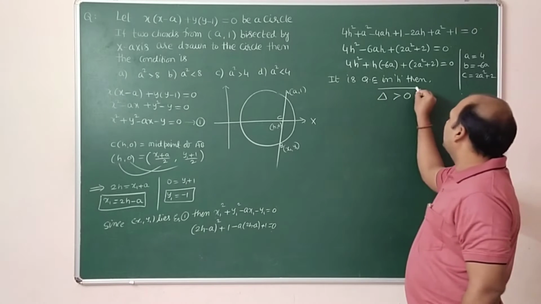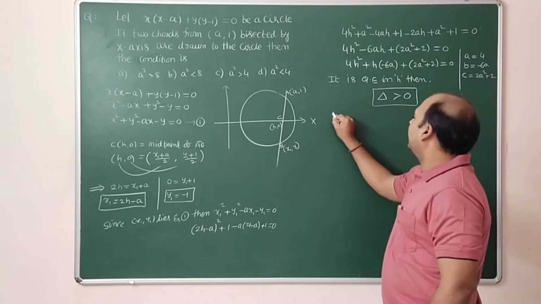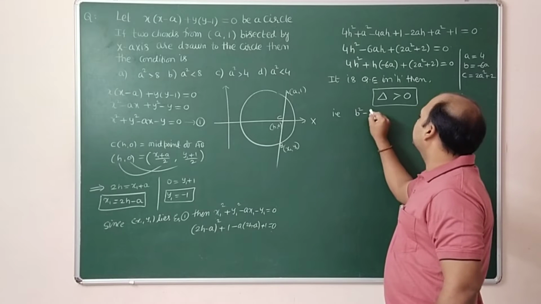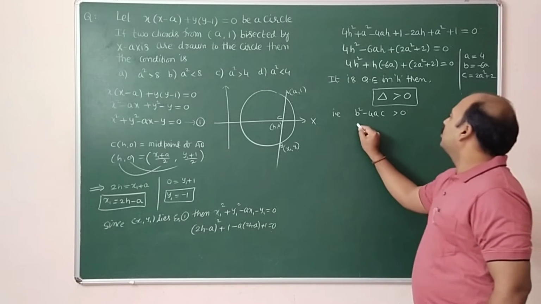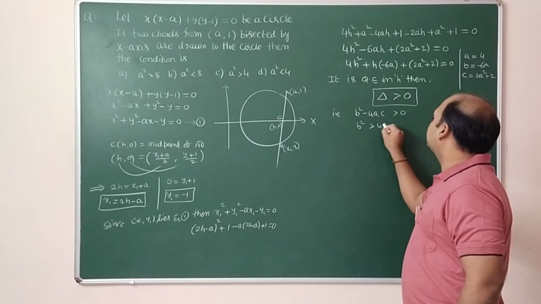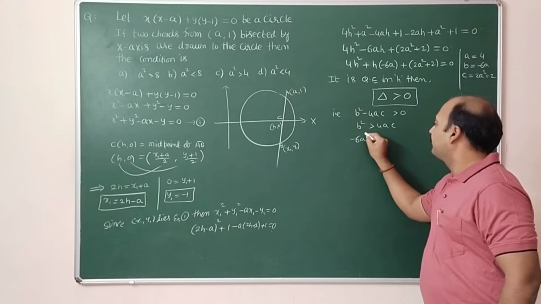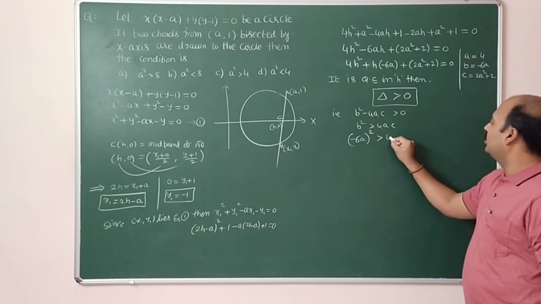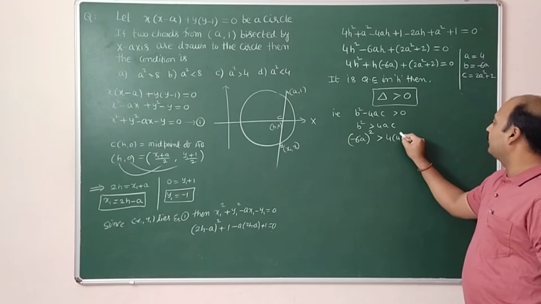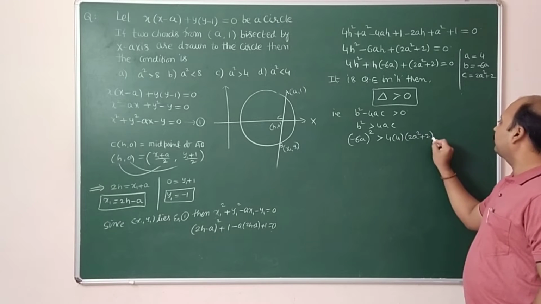What is the discriminant here? b square minus 4ac is greater than 0. So b square is greater than 4ac. Substitute the respective values: b square, (minus 6a) whole square is greater than 4 into a value 4 into c value, 2a square plus 2.